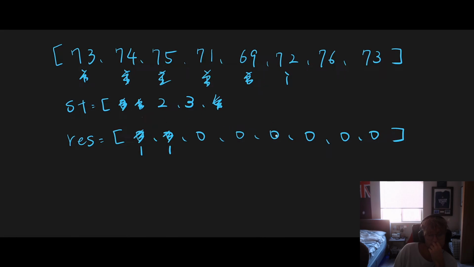So it's time to update index 4 in the result variable. And the formula is just current index minus index 4. So 5 minus 4 is 1, right? So that's why update index 4 with 1. So it's correct, right? So from 69, the next warmer day is the next day. So that's why 1 looks good.